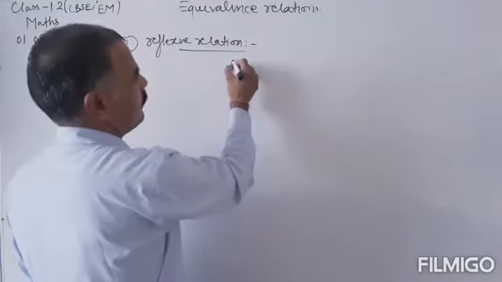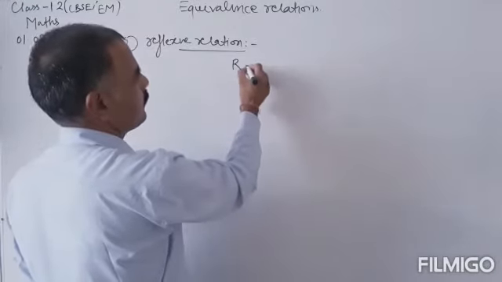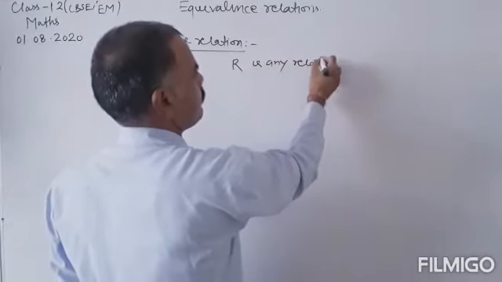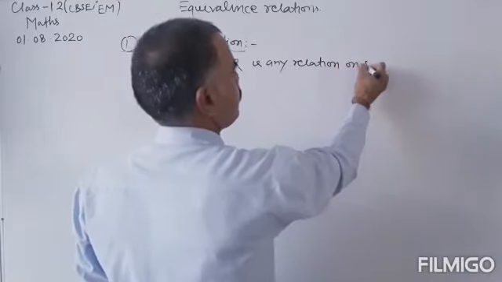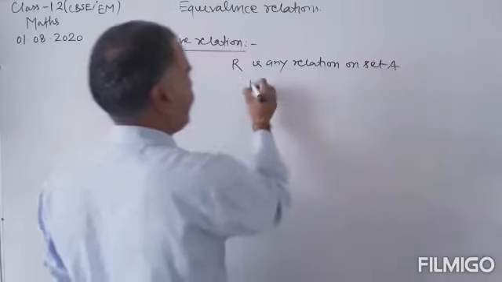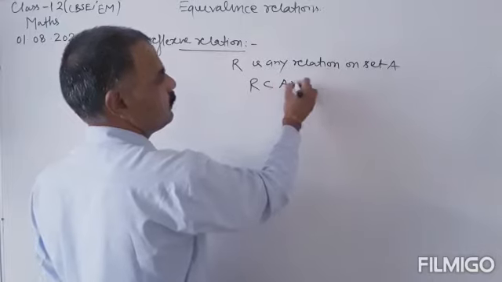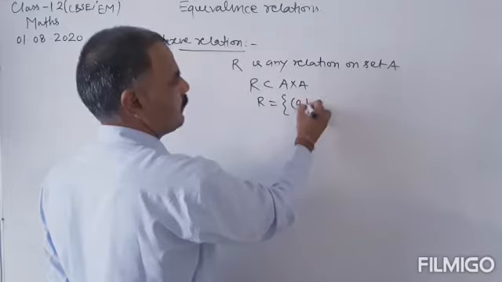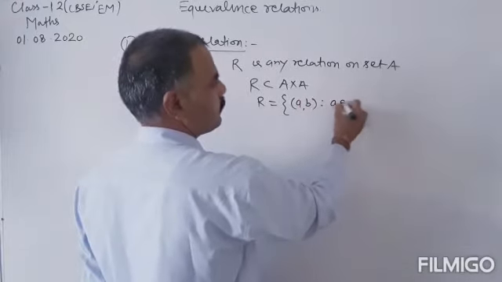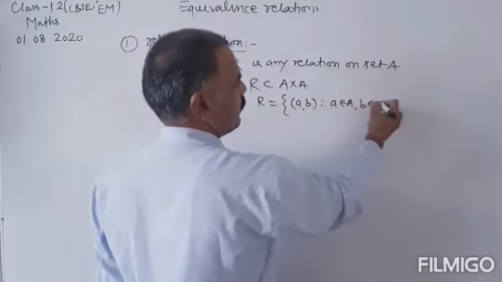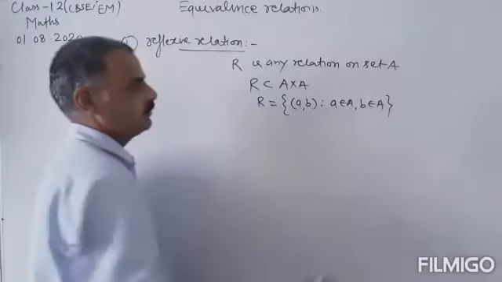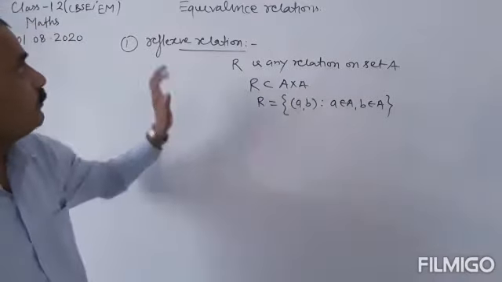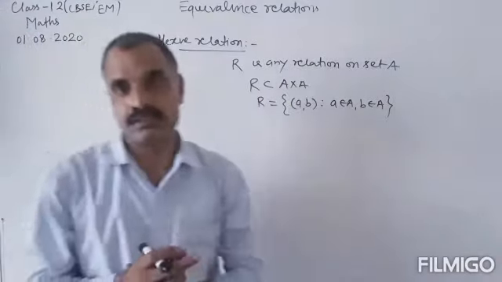Let R be any relation on set A. Then R is a subset of A × A, or R is defined as the ordered pairs (a, b) such that a belongs to set A and b belongs to set A. Both elements belong to the same set, that is set A. Now we are defining the reflexive relation.